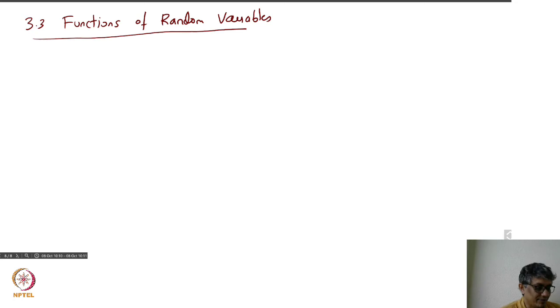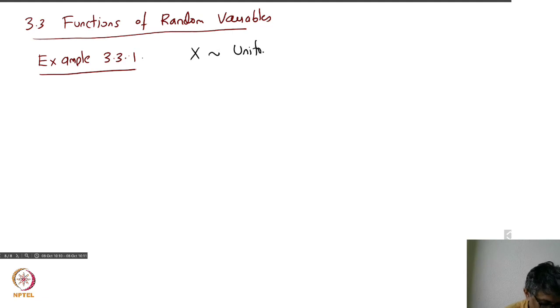So let's do a simple example first. Example 3.3.1. Let's say X is a uniform random variable that takes values in -2 to 2. So it takes a uniform value, choose a number uniformly between -2 and 2. So 0, 1, and 2.